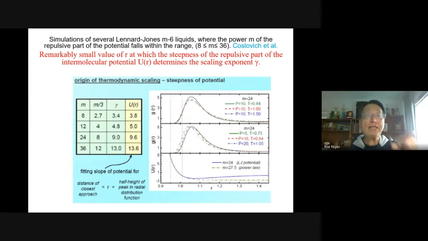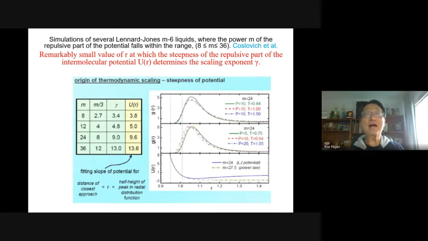He had done 8, 12, 24, 36, meanwhile maintaining 6 for the attractive part. So he varied M. He wanted to see whether M divided by 3 gives gamma, which would be exactly the case with a repulsive potential. Does it work for the Lennard-Jones now with the attractive part included?